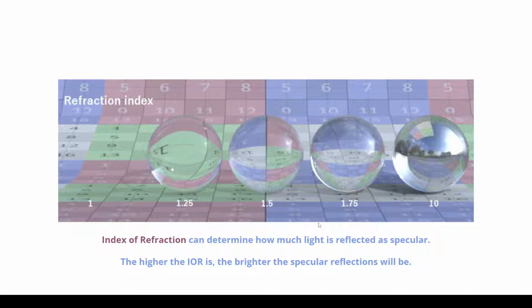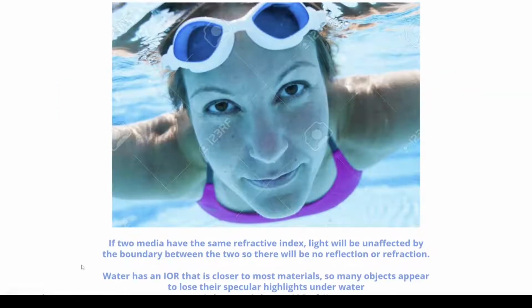So you'll see in this material shader setup, the higher this index of refraction gets, the more light is actually bouncing off the surface. And something that's interesting is that when the index of refraction of the material is the same as, for instance, air, then you're not going to see any light bouncing off. So if two media have the same index of refraction, light will be unaffected by the boundary between the two, so there will be no reflection.